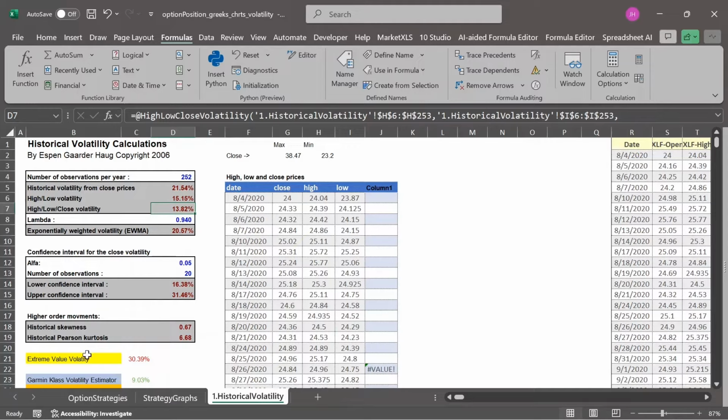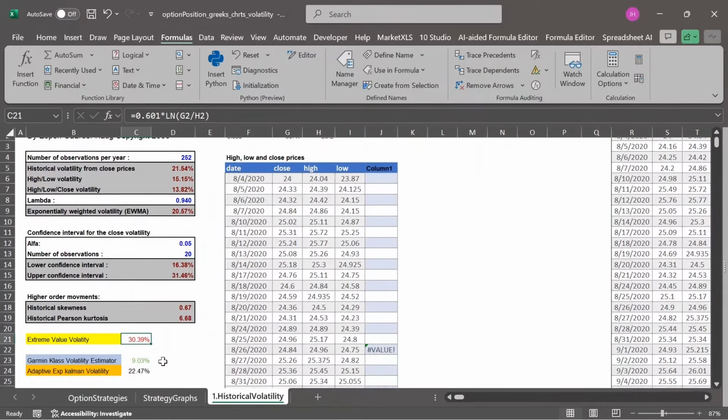Whereas these ones, what I've called the Parkinson's estimated extreme volatility, is the maximum and minimum divided by those factors. It's not truly Parkinson's estimator. I've renamed it extreme value of volatility. It's closer to the implied volatility as a quick estimator.